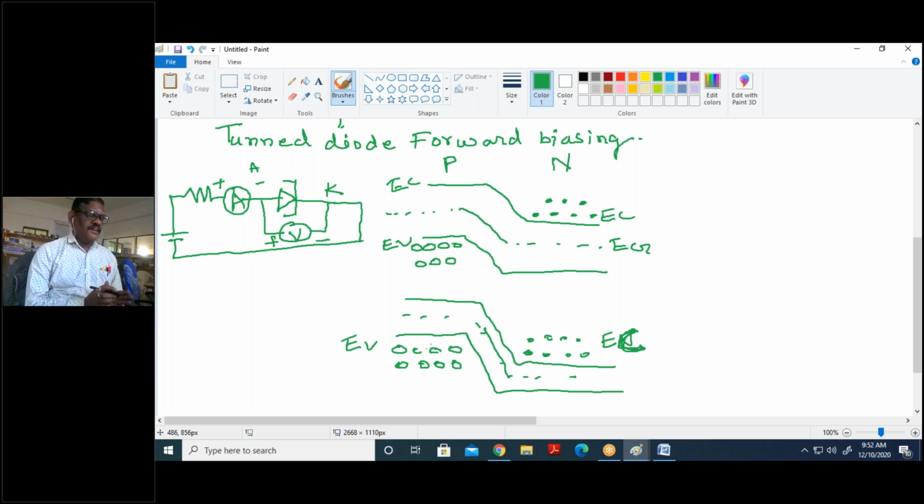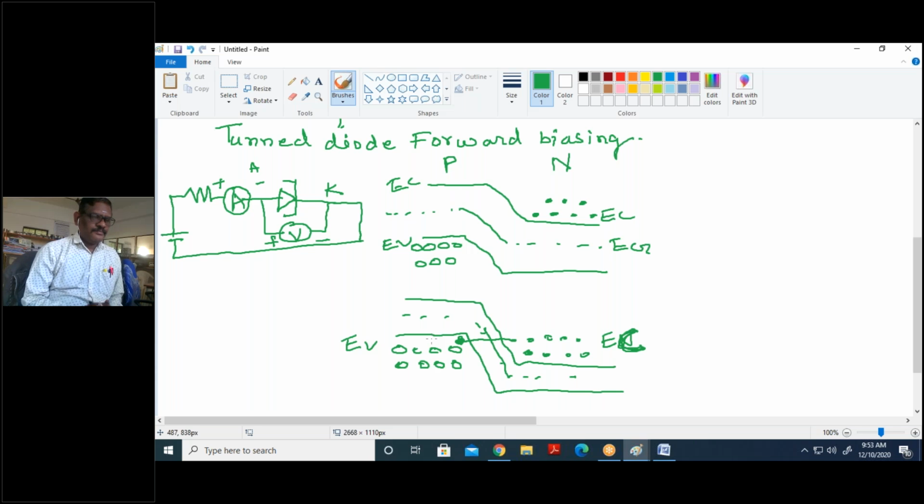So whenever applied source is connected across the diode in forward bias only, immediately tunneling starts from N layer to P layer. Here one more important, N layer conduction band, P layer valency band. So at microvolts only.